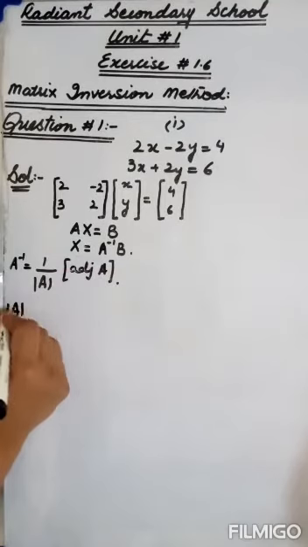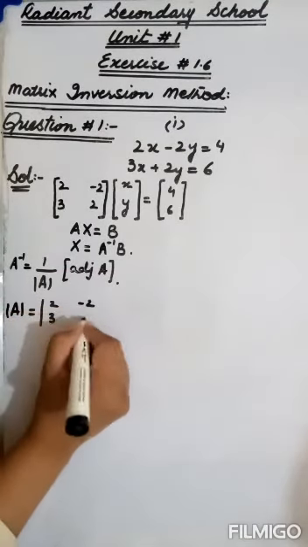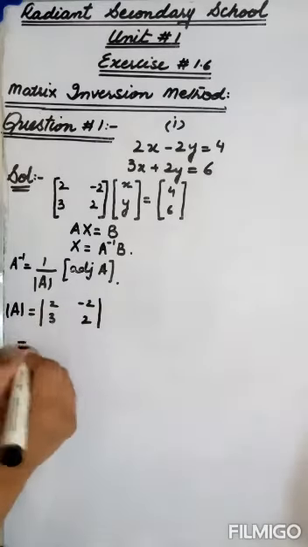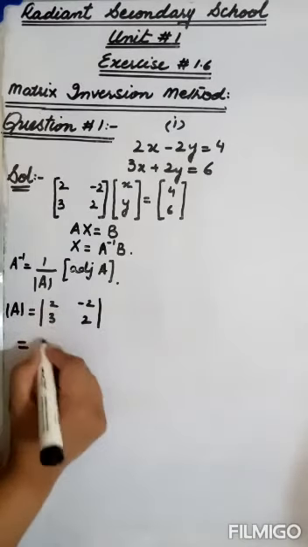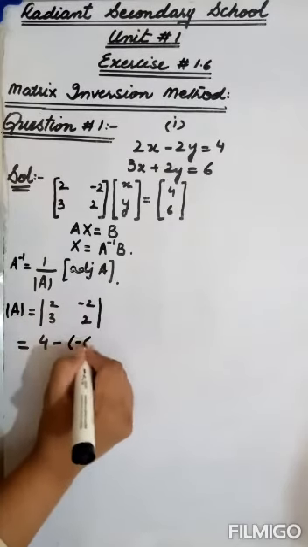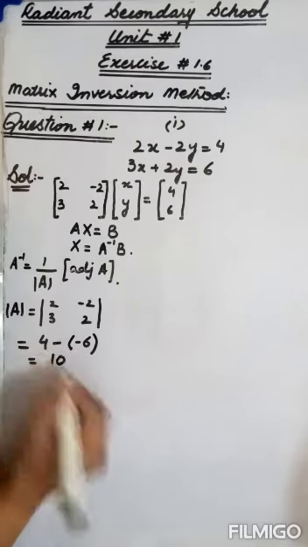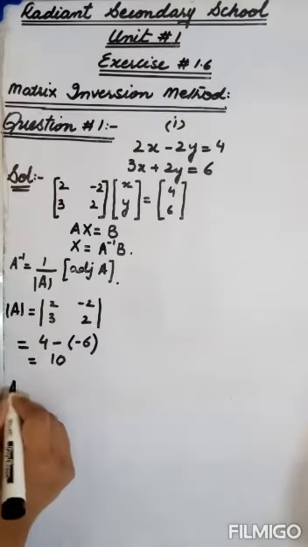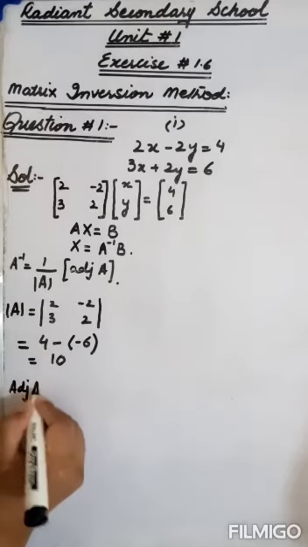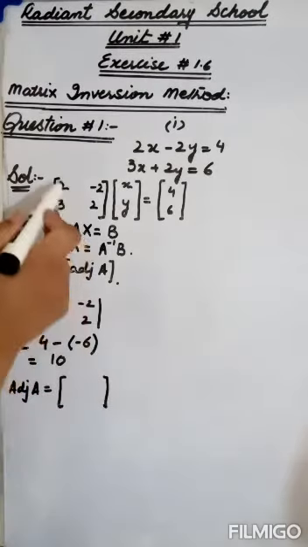First we will find the determinant, and what will be the determinant? 2, -2, 3, 2, and its determinant will be product of diagonal entries, this is 4, minus product of non-diagonal entries, this is -6, and the answer will be 4 plus 6, 10. And next is the adjoint. For adjoint, you have to change the places of diagonal entries.